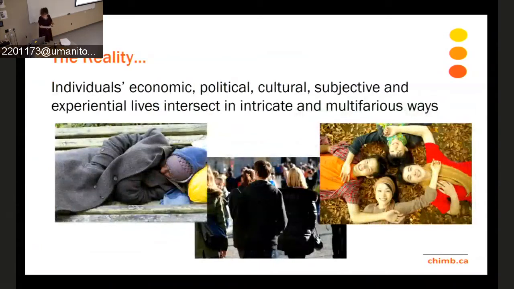And what we started realizing, quite soon after that, was that approaches and methodologies that are created based upon a definition of patients as this homogenous group of people that researchers just need to go and engage, really denies the reality that individuals' economic, political, cultural, subjective, and experiential lives intersect in really intricate and multifarious ways.